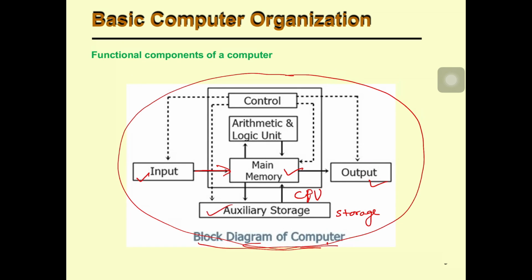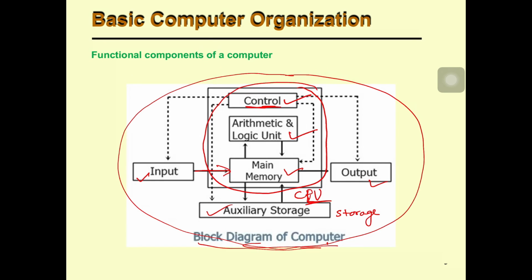This whole portion is known as CPU or the central processing unit. It consists of the control unit and arithmetic logic unit. Okay. Control unit controls all the working of the multiple programs, as well as it controls all the programs running within the computer, whereas arithmetic logic unit performs two types of function.